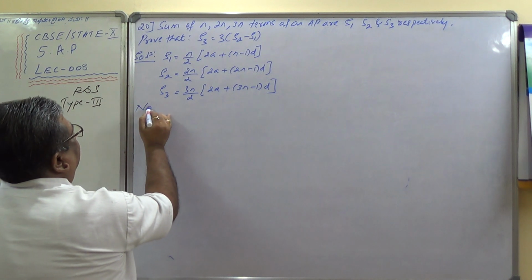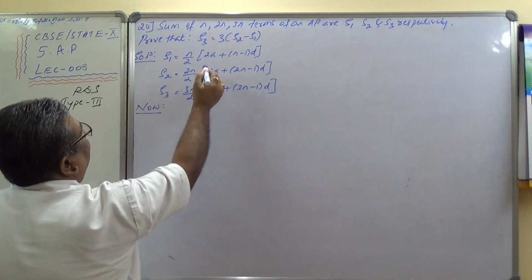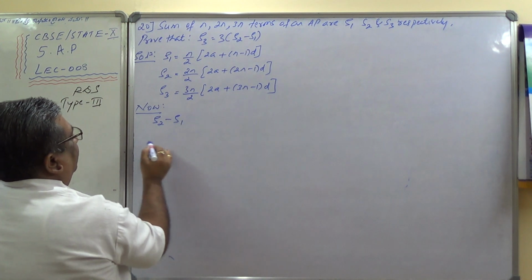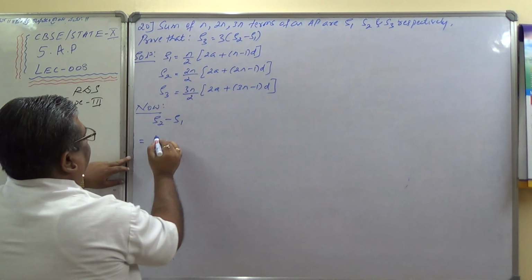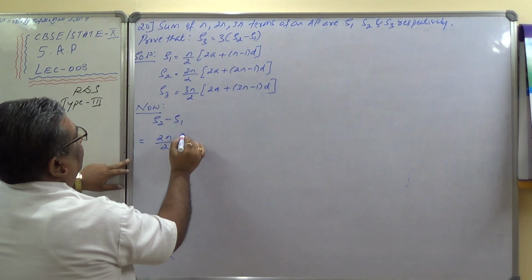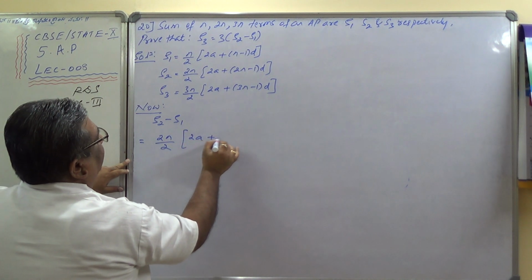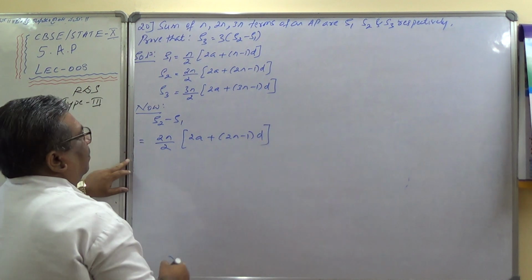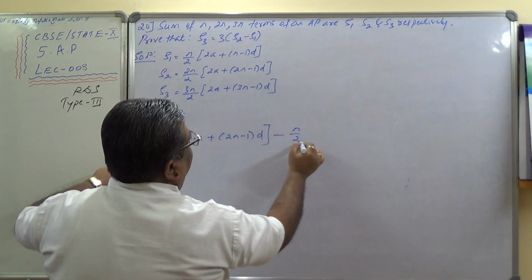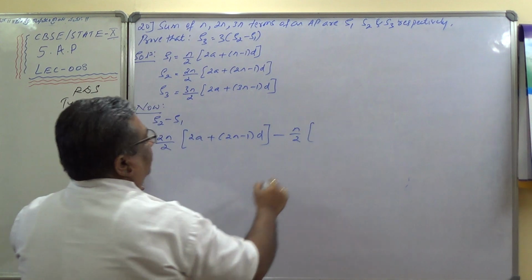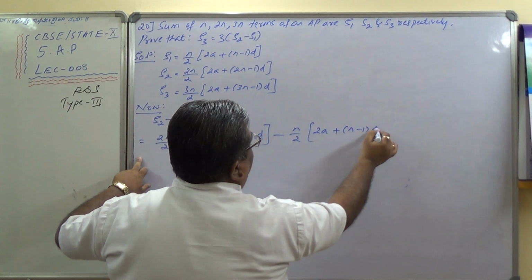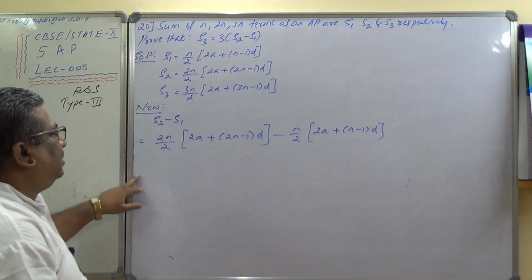Now S2 minus S1, which equals, what is S2? This one, 2n by 2 into bracket (2a plus (2n minus 1) into d) minus n by 2 times (2a plus (n minus 1) times d). Correct?